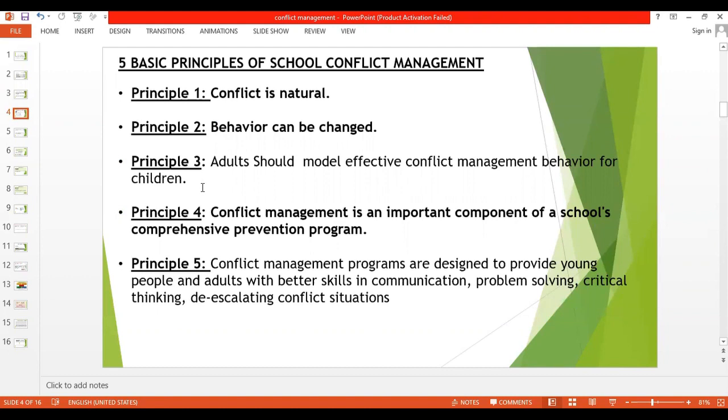Number 4, conflict management is an important component of a school's comprehensive preventive program. Number 5, conflict management programs are designed to provide young people and adults with better skills in communication, problem solving, critical thinking, and de-escalating conflict situations.